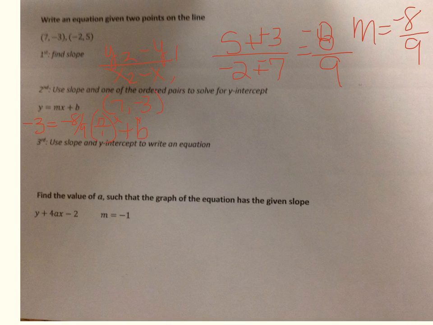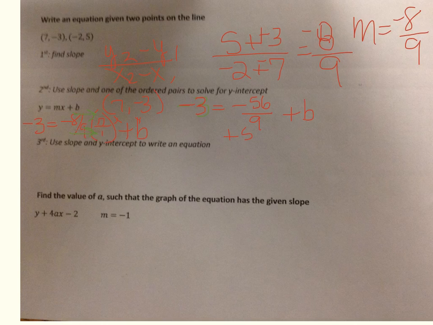So I have to get rid of this fraction mess right here first. So I'm going to multiply these straight across. Negative 3 equals negative 56 over 9 plus b.